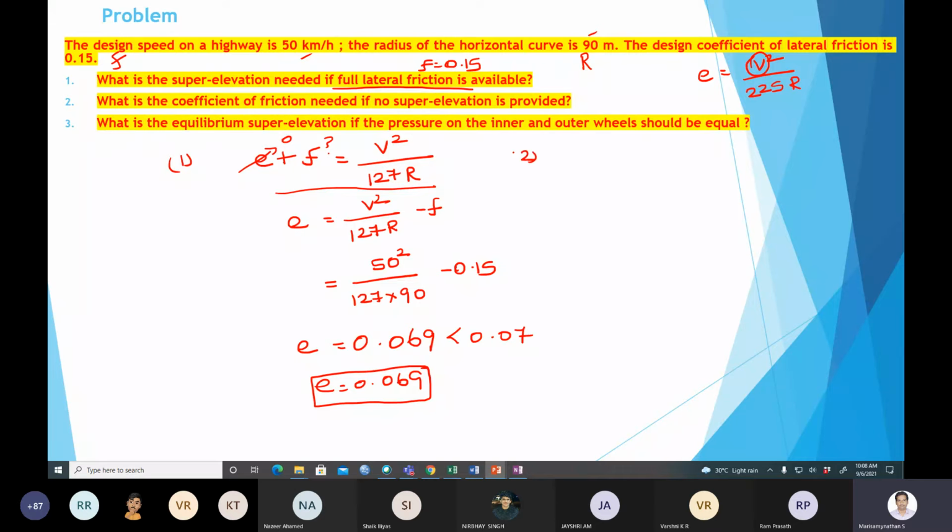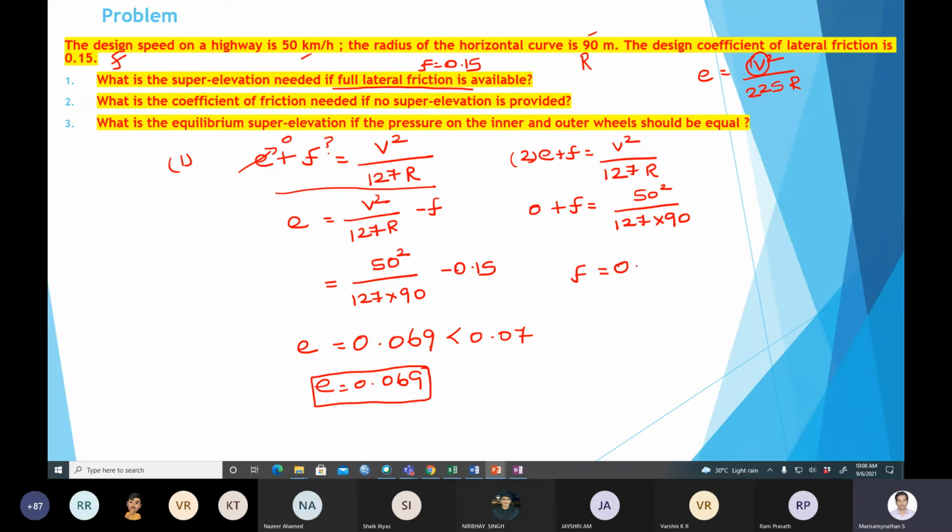The second one: E plus F is equal to V squared divided by 127 into R. E becomes 0, F we are going to estimate. V squared is nothing but 50 squared, 127 into 90. So the F value is 50 squared divided by 127 divided by 90.